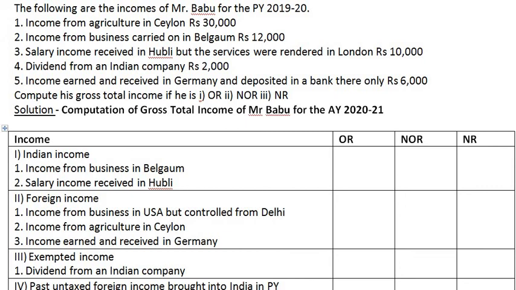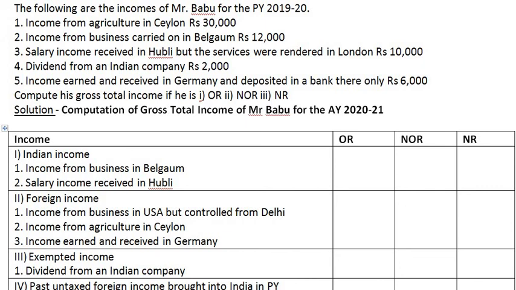Let us start solving the sum. The question goes as: the following are the incomes of Mr. Babu for the previous year 2019-20. The first information provided to us is income from agriculture in Ceylon, rupees 30,000. Second, income from business carried on in Belgaum, rupees 12,000.